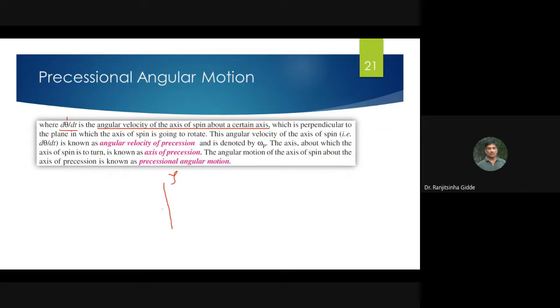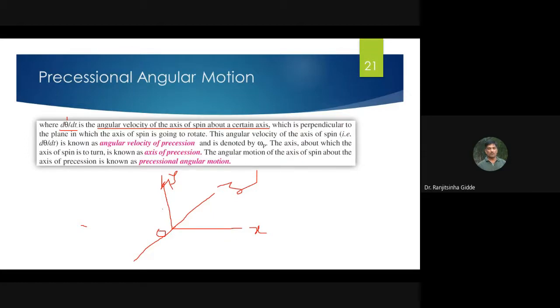So this one is y, this is x, and this one is z. Here this one is oy, this is ox.